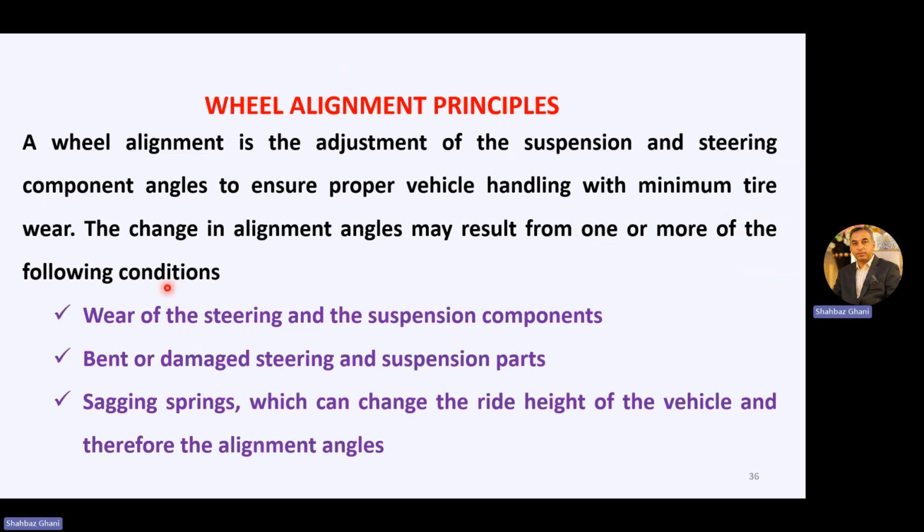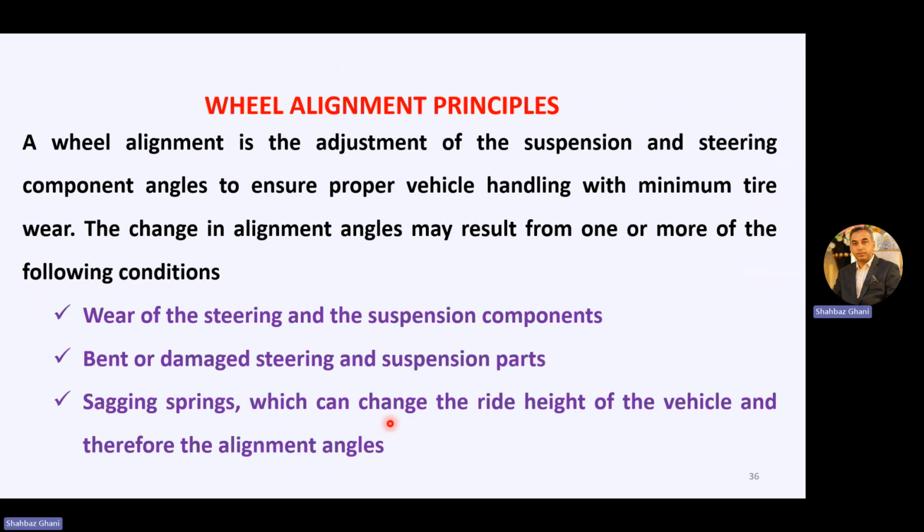The change in alignment angles may result from one or more of the following three conditions. Number one, wear of the steering and suspension components, so we require alignment. Number two, bent or damaged steering and suspension parts, so we require wheel alignment.